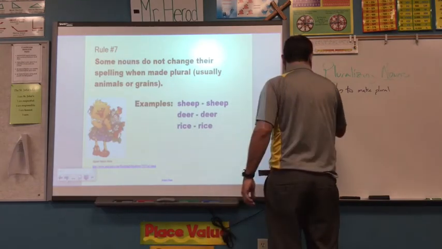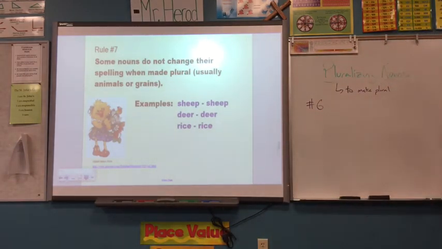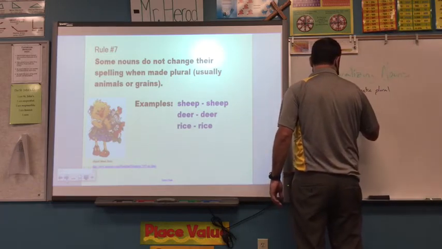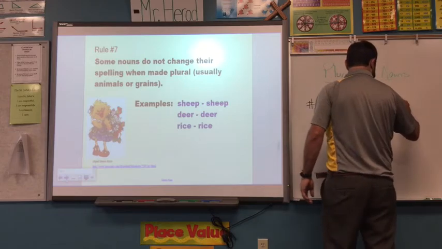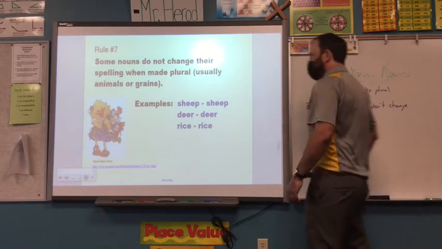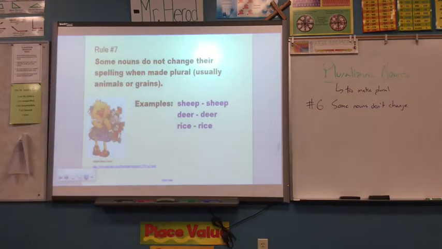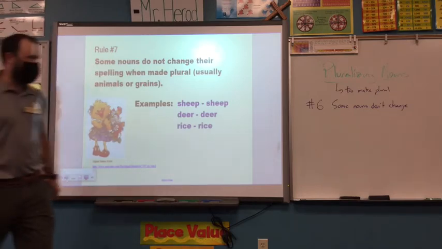All right, so remember this is actually number 6 because we skipped that one. This is a simple rule that doesn't help you that much either. Some nouns don't change. And what I like about her is that she gives you a hint, the same hint I was going to give you.